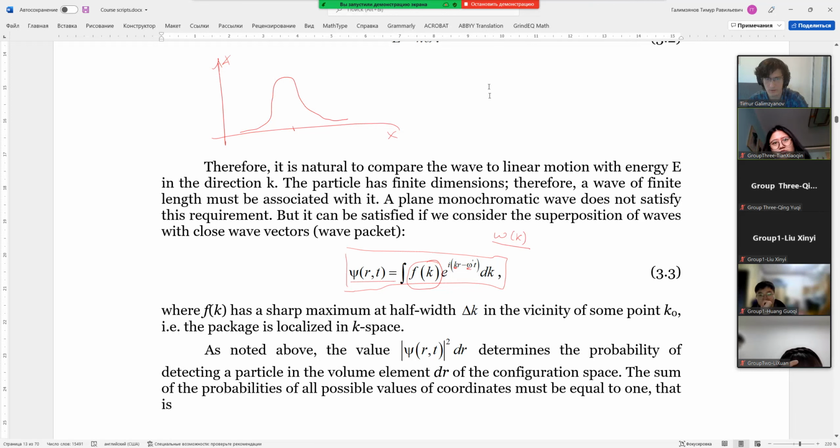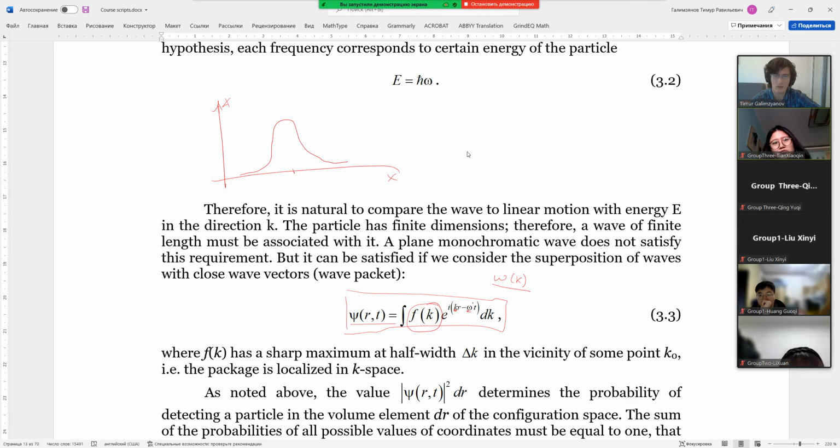In electromagnetic theory, if we describe the magnetic or electric field E as E naught times exp of i(kx minus omega t), or we can describe it equivalently as a sine wave, sine of kx minus omega t plus some initial phase phi naught.